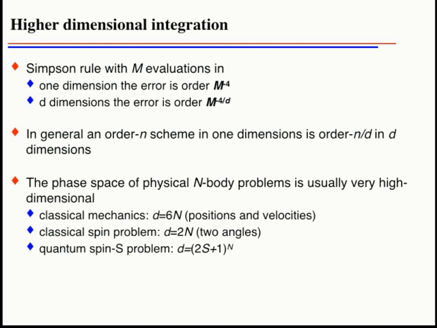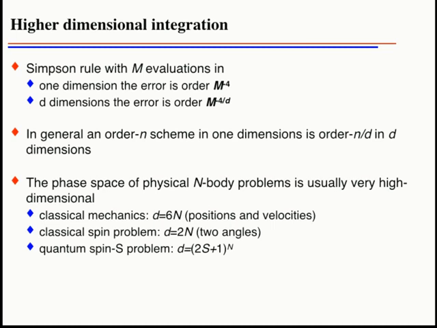But d is not only 1, 2, and 3 dimensions like we're used to. In usual calculations, when, for example, we deal with classical mechanics, the number of dimensions is already 6 times n, where 6 is because we have 3 coordinates for the positions and 3 for the velocities as well. Then another example is classical spin problems.